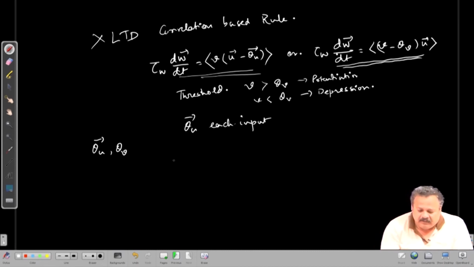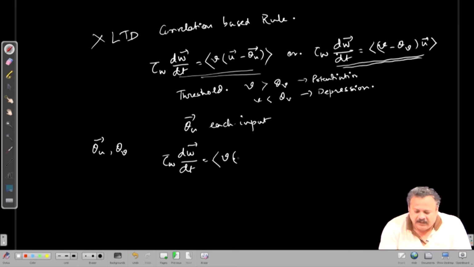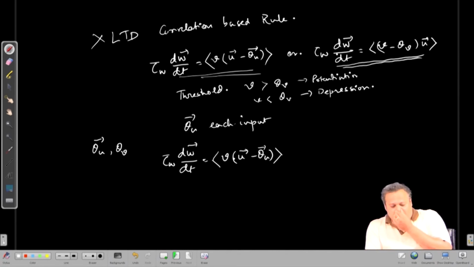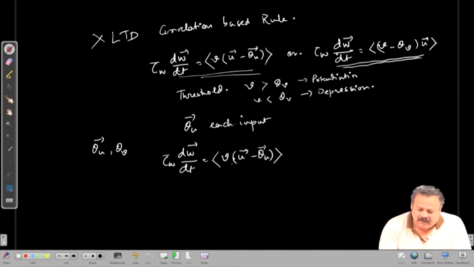Let us say tau dw/dt equals the average of v times (u minus theta u), and this is a vector. So, now what is the average of v times (u minus theta u)?